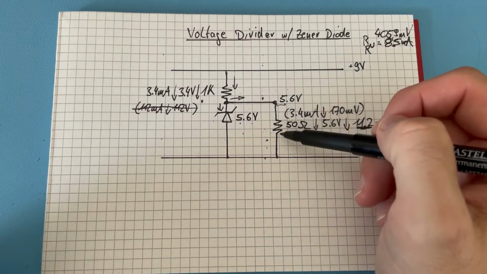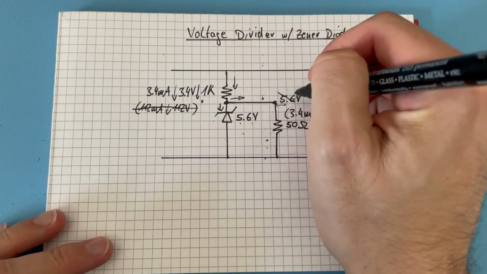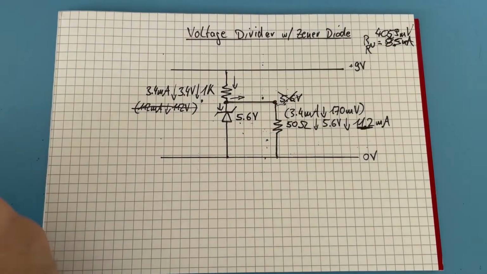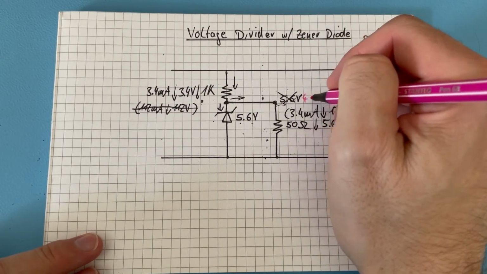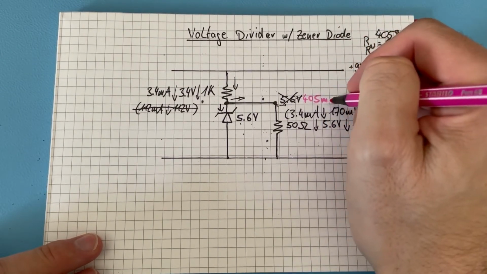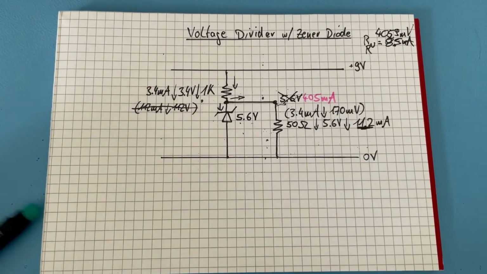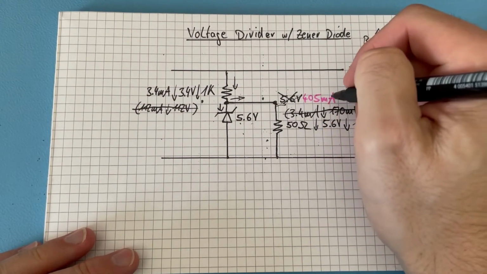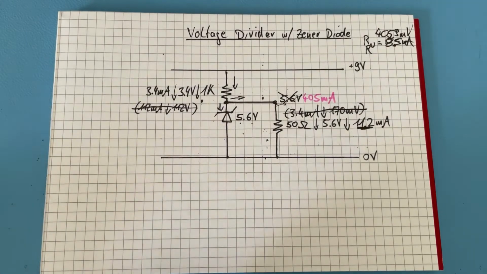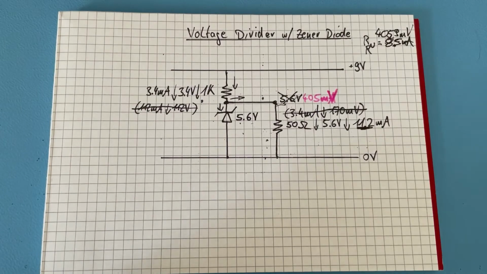When we load this circuit, we have not 5.6, but really only 405 millivolt across here, sorry, millivolt, not milliampere.